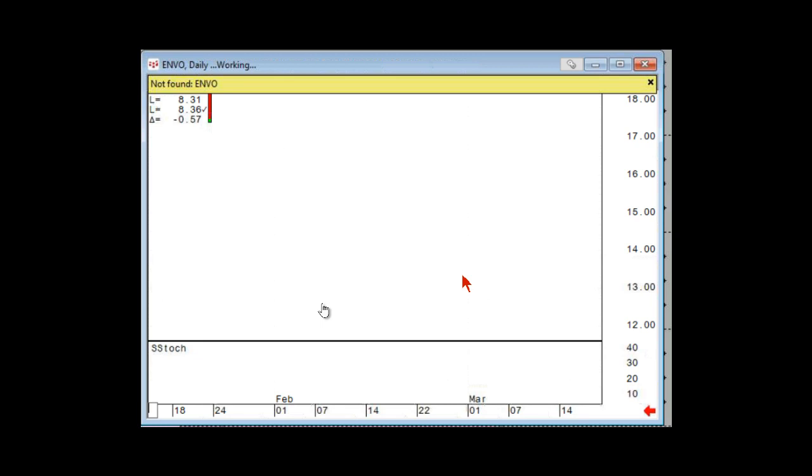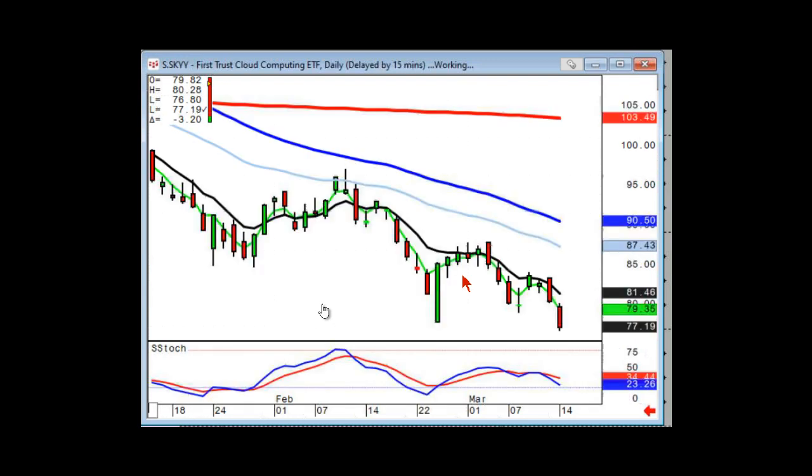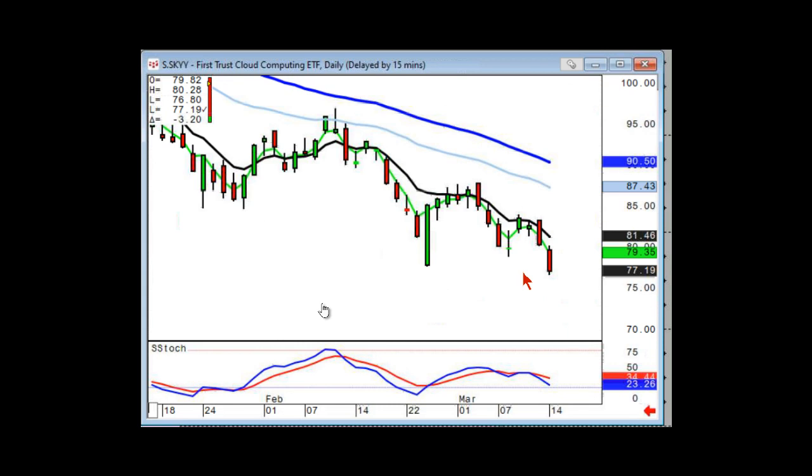ENVO, not coming up, Pat. Sky, another one you can short on kind of the bearish J hook, bearish J hook. Yeah, I wouldn't be afraid to go short on this one.